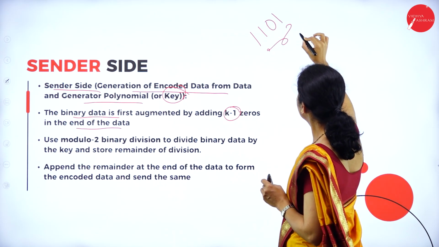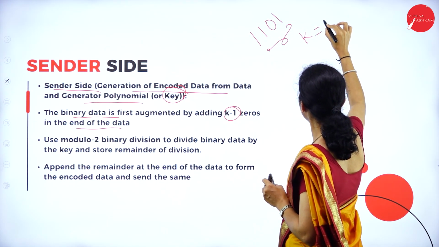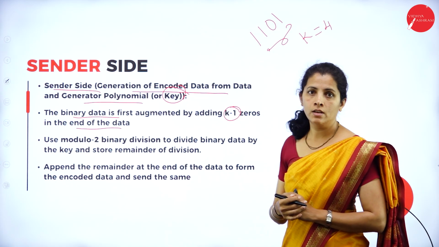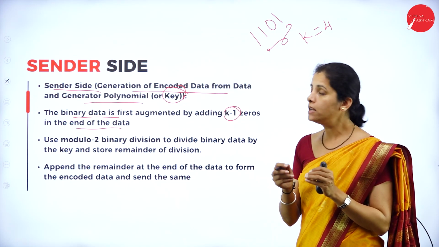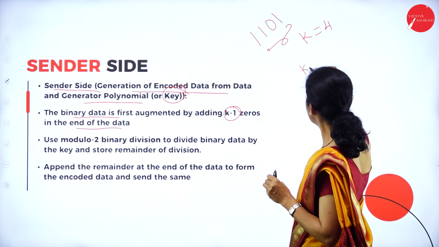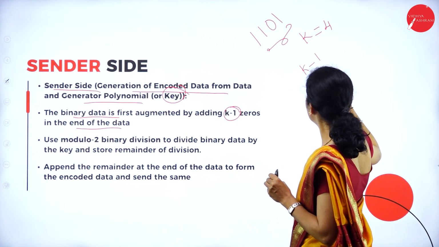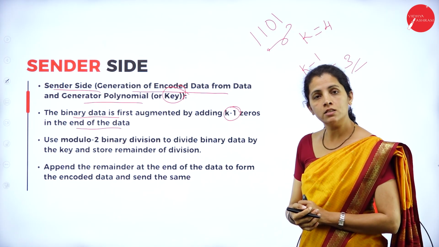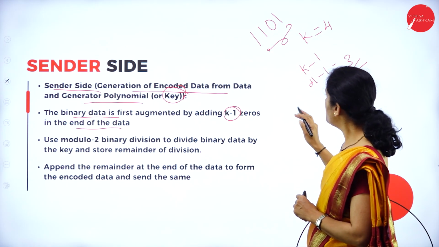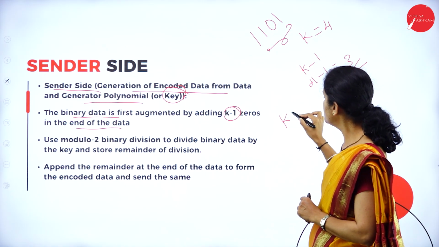So, what is my k? K is 4. Now, how many zeros do I want to add? That is k minus 1, that is 4 minus 1. It is 3.